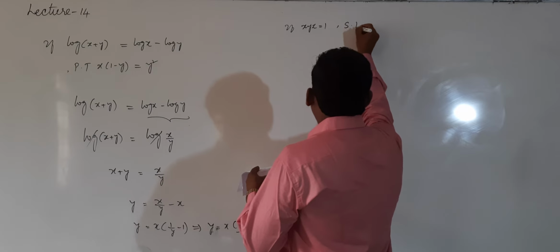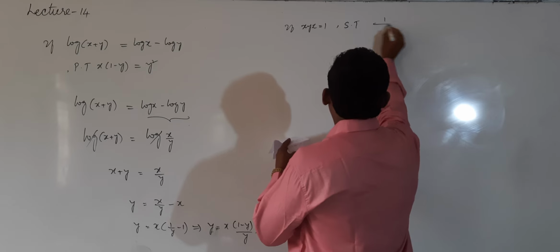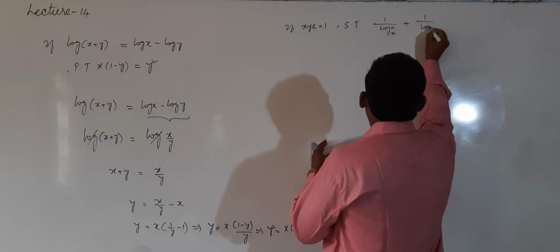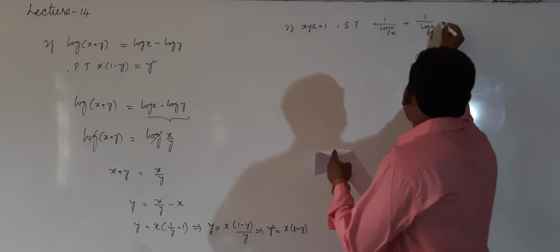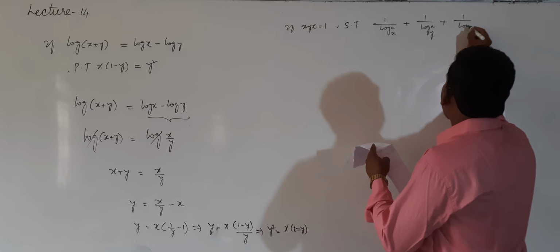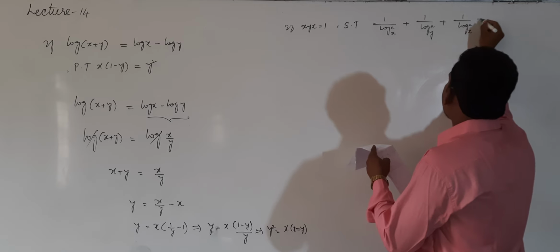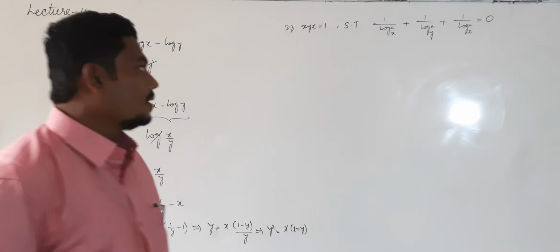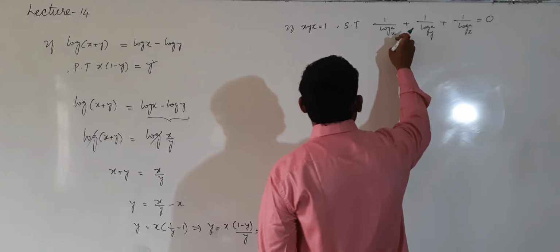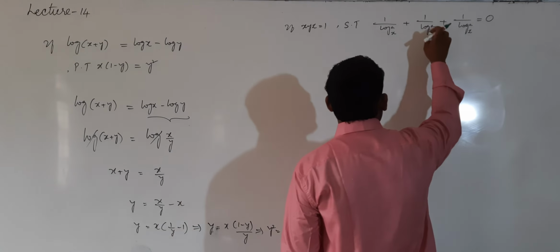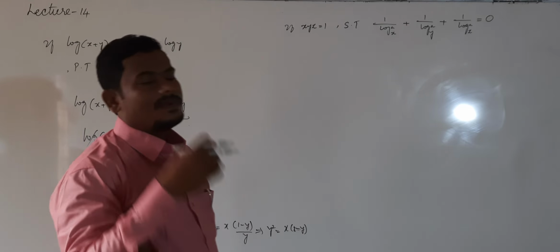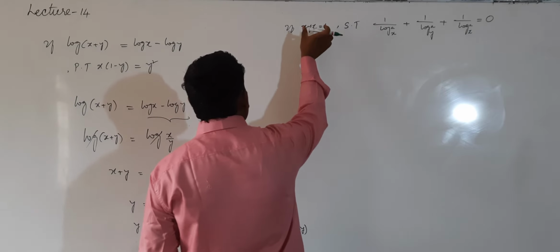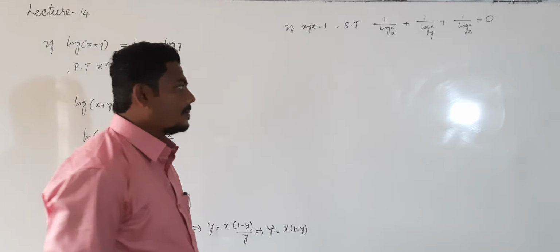Then show that 1 divided by log a to the base x plus 1 divided by log a to the base y plus 1 divided by log a to the base z equal to 0. Prove this whenever x into y into z equal to 1.